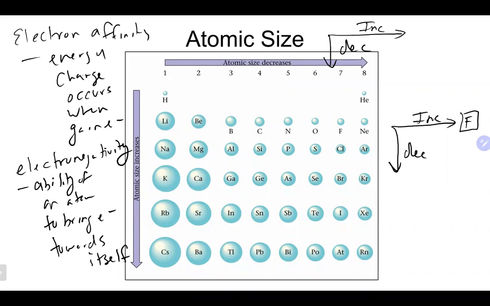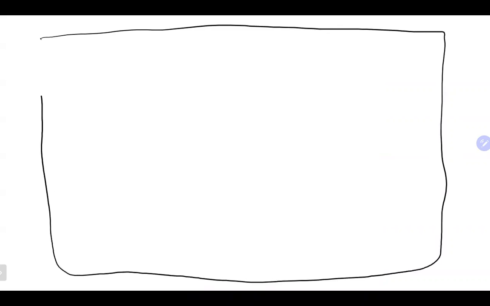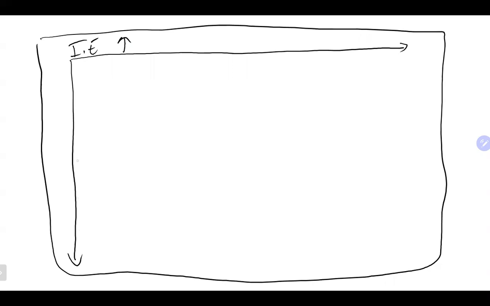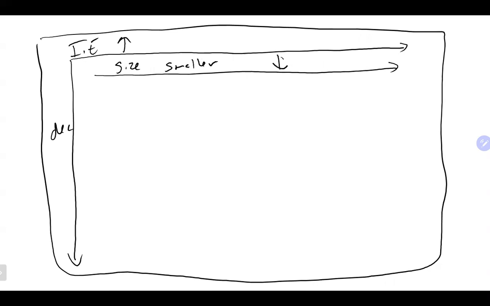And if we put these periodic trends together, we understand why we see what happens with metals and nonmetals. So let's finish on that, which is I'm going to draw a wonderfully bad periodic table, also known as a big box. So when we go from left to right on the periodic table, heading in this direction, ionization energy increases and decreases as you go down. Size gets smaller as you go that way, or decreases, and increases as you go down.